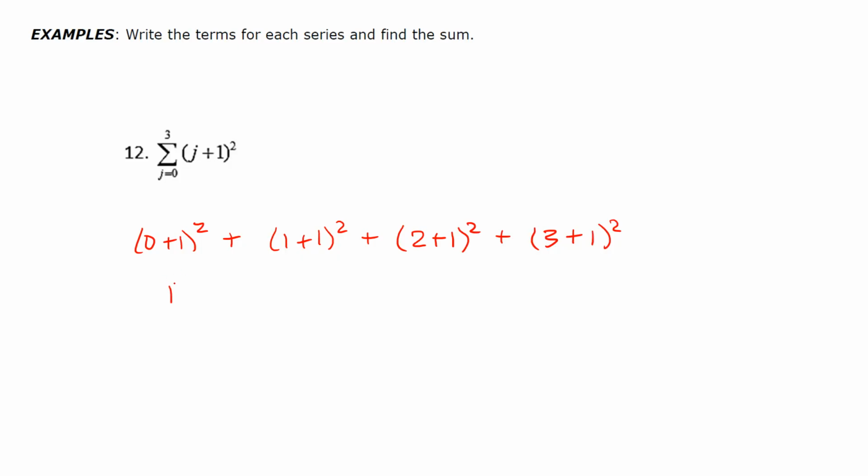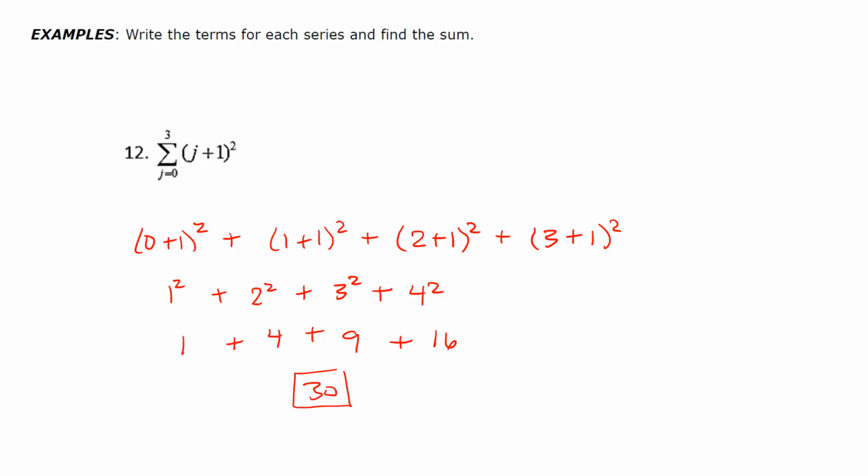So that will give us 1 squared plus 2 squared plus 3 squared plus 4 squared. So that's 1 plus 4 plus 9 plus 16. We know that equals 30.